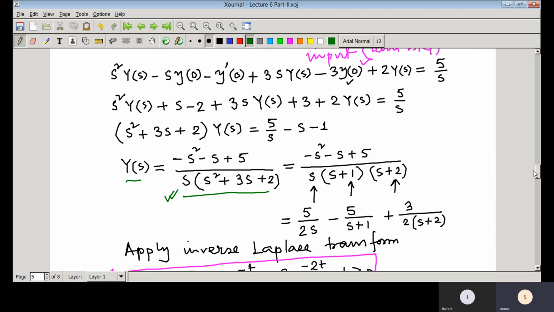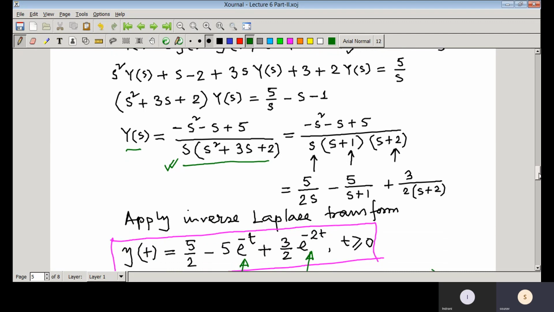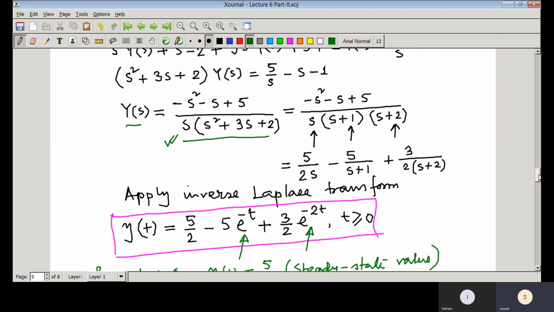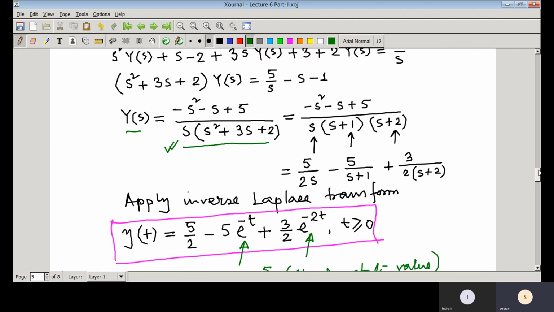We have already discussed that steady state value can be found by applying the final value theorem. So for applying the final value theorem, we need to first see whether sY(s) is analytic or not.